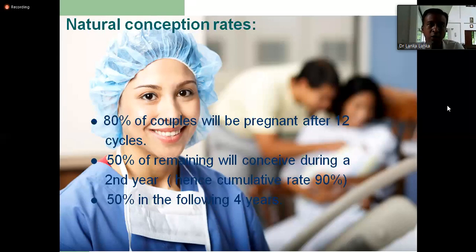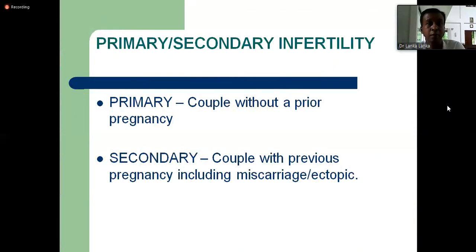So you have to allow them natural conception for a while. We wait up to 1 year because the maximum number of couples, 80%, get pregnant in 1 year. If there are no issues and you wait 4 years, 95% get pregnant, but 1 year is the cutoff. You can understand the rationale behind that.